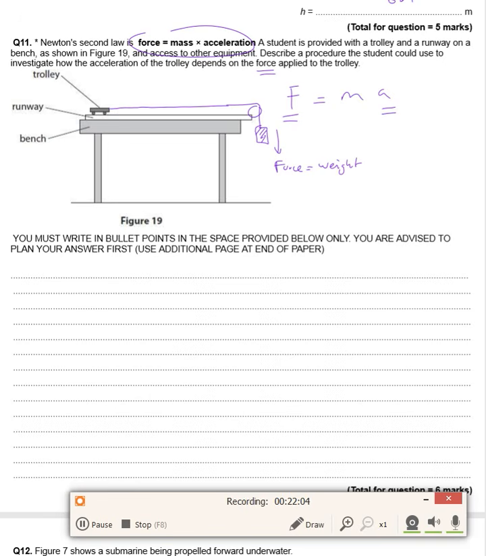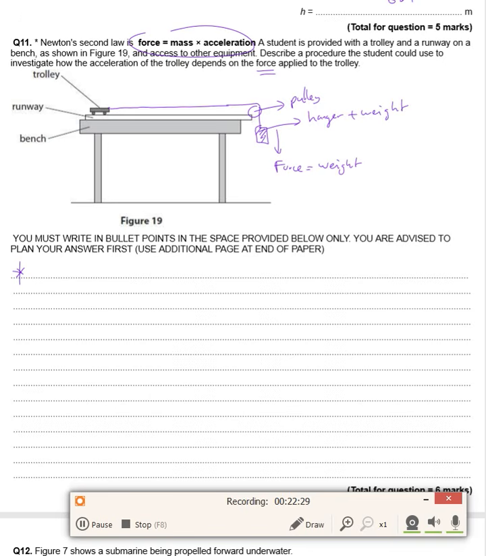Of course, the weights are attached to the trolley on the string. Okay. Now, the first bullet point I'll say. So what I'll do, I'll move this away. So this here is a pulley. This here is my hanger plus weight.